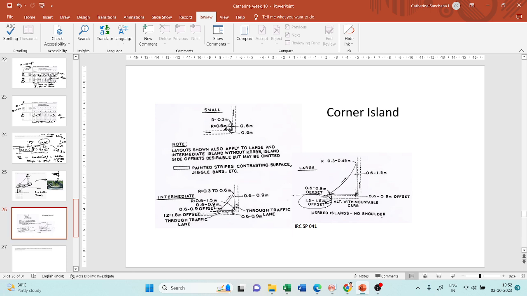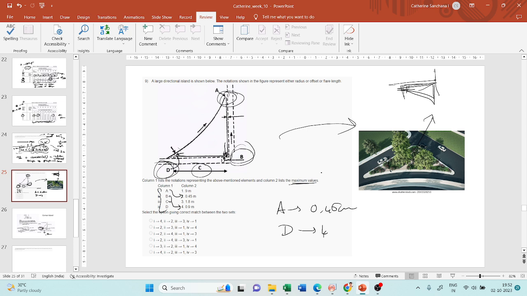Okay, so it is 1.2 to 1.8 meters. The maximum is 1.8 meters. So D is 1.8 meters. This is B. Okay. D is 1.8 meters, which is 3. And C is the rest, which is 9 meters. Okay, so the answer to this will be C.